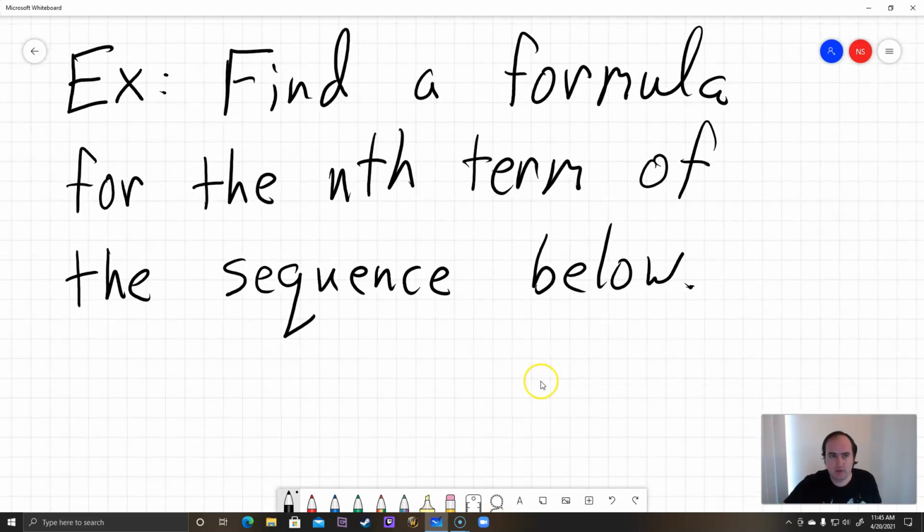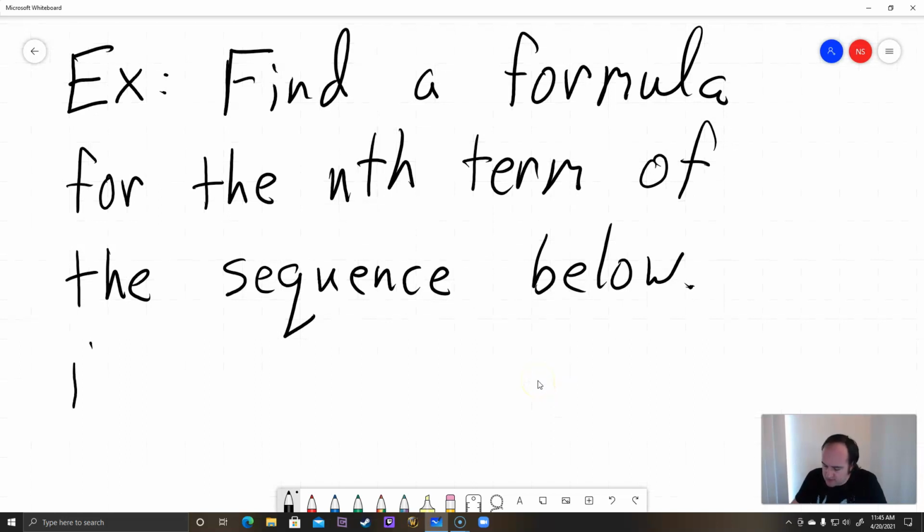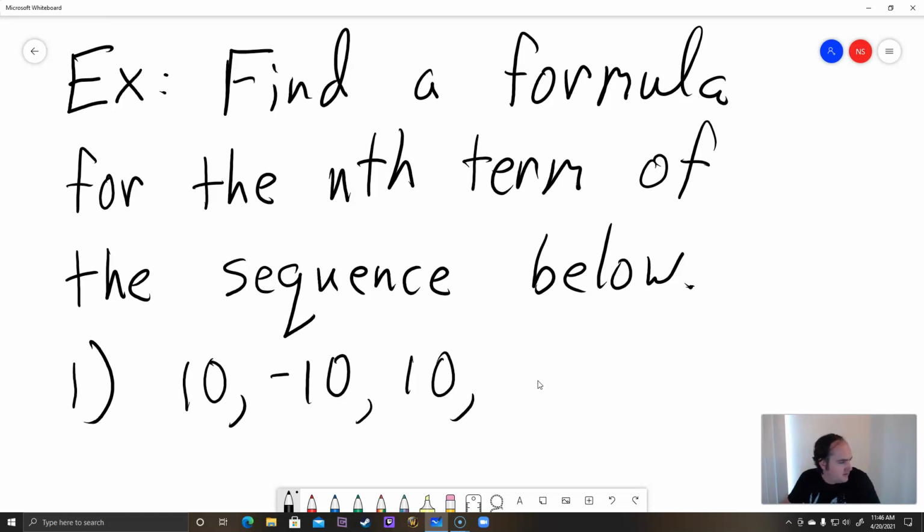So for our first example, example number 1, we need to find a formula. The first few terms of the sequence are going to be 10, negative 10, positive 10, negative 10, positive 10, and then they write dot, dot, dot.